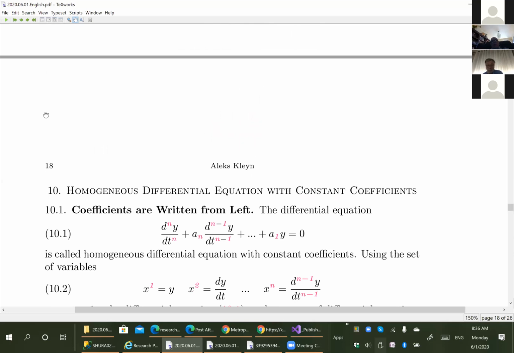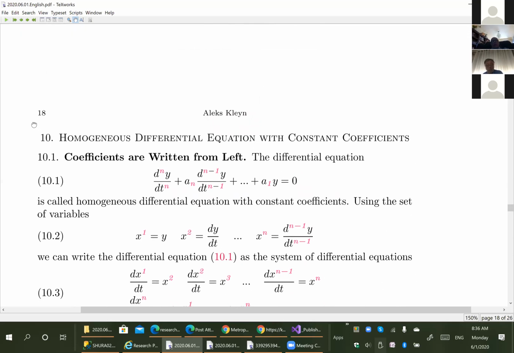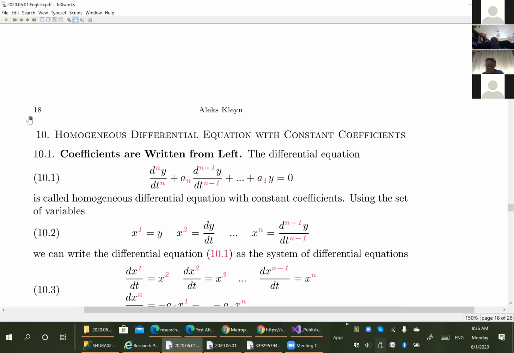Now I'm ready to consider a homogeneous differential equation with constant. Originally, I tried to put the constant on both sides of the derivative. It's a very complicated issue; maybe I will consider it later.